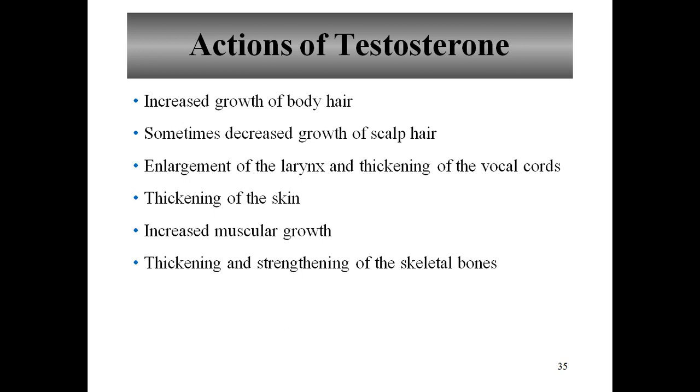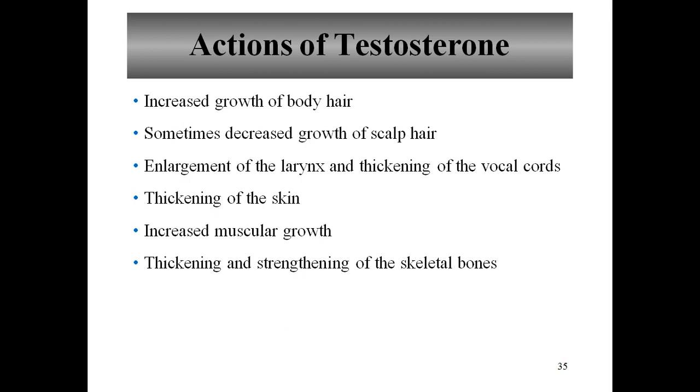Then the action of testosterone. There are various actions. During embryonic development, testosterone stimulates the formation of male reproductive organs. During puberty, testosterone stimulation causes enlargement of the testis and accessory organs of the reproductive system, as well as development of male secondary sex characteristics.